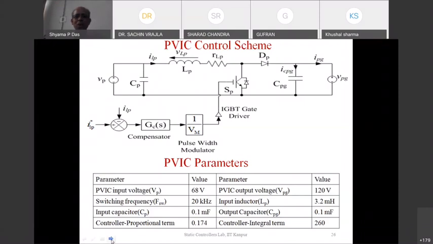We also have the output capacitance and the input inductor. The photovoltaic interface converter is pretty straightforward, converting 68 volt to 120 volt. And in case of a practical photovoltaic panel, we can have a maximum power point tracking algorithm running in the background, which gives the reference current of the panel, ILP, that varies.